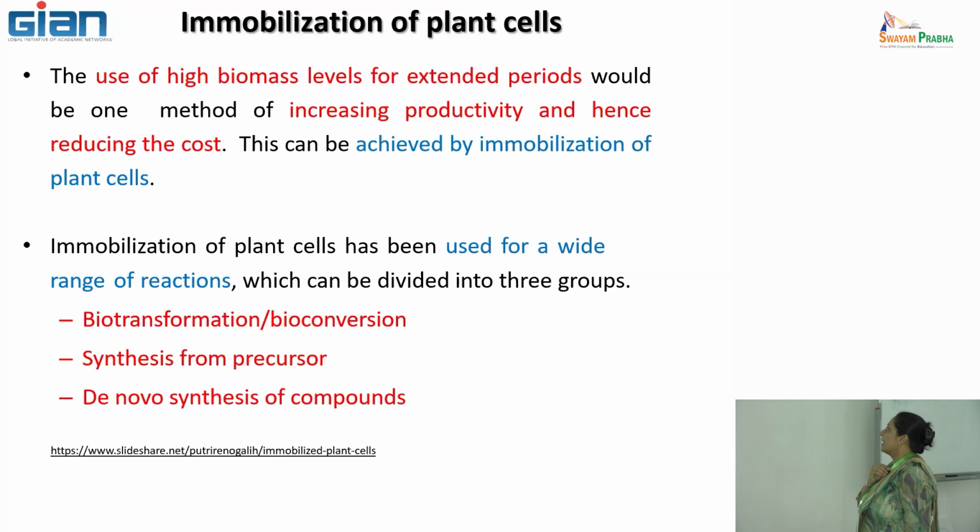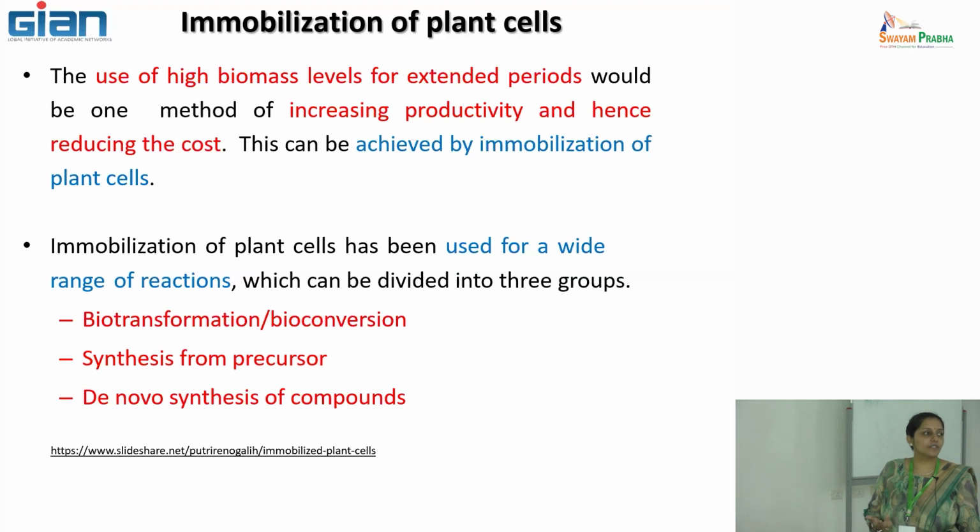So the plant cell immobilization is an opportunity where a large amount of cells which are active can be immobilized, giving you high cell densities for production to happen continuously, thereby increasing the productivity.